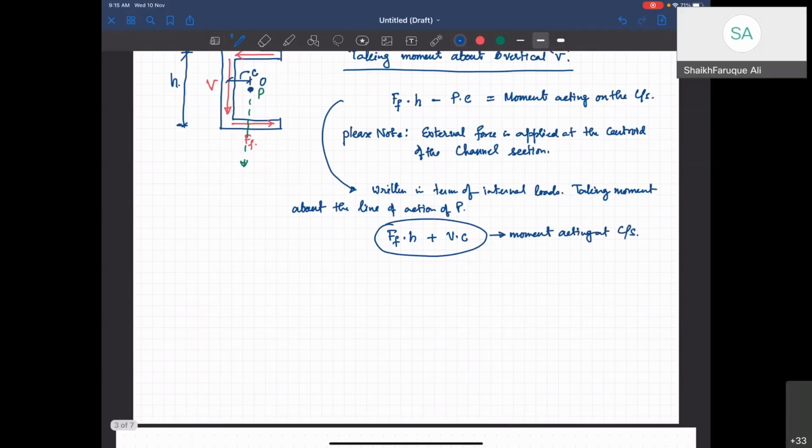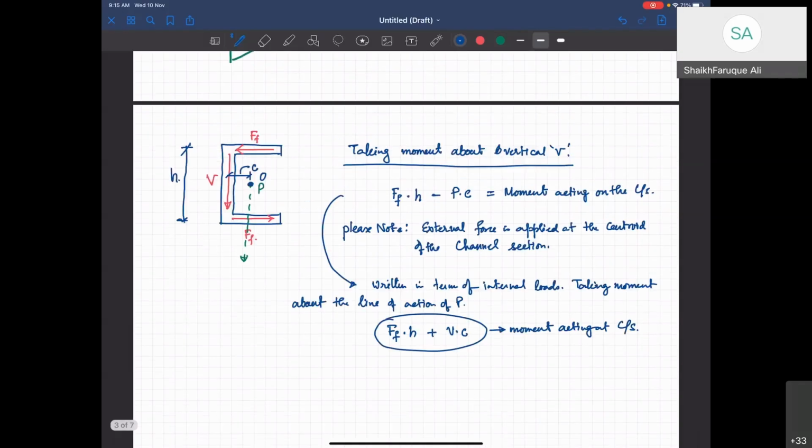So what happens to this moment then? If you have a load acting in a channel section along its centroid, the channel section has been seen practically to start deforming like this. Because of the moment, it starts twisting.